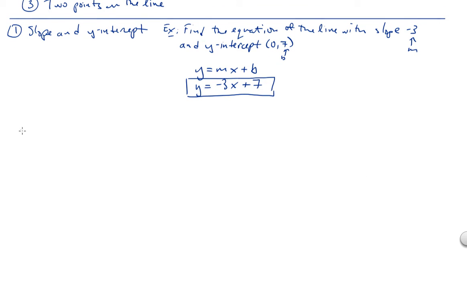So that's pretty straightforward. So let's go one step removed from that. Say we're not given that kind of information. Say we're not given the y-intercept. We're not given that, but instead you're given a point on the line. So we're given the slope and some point on the line.